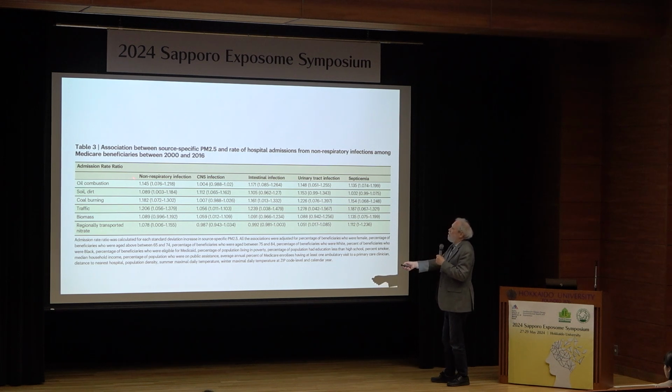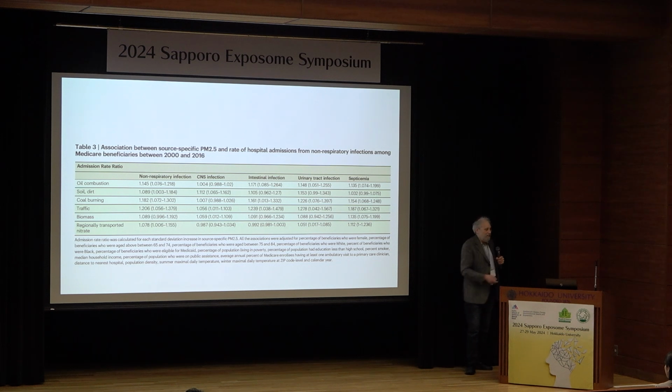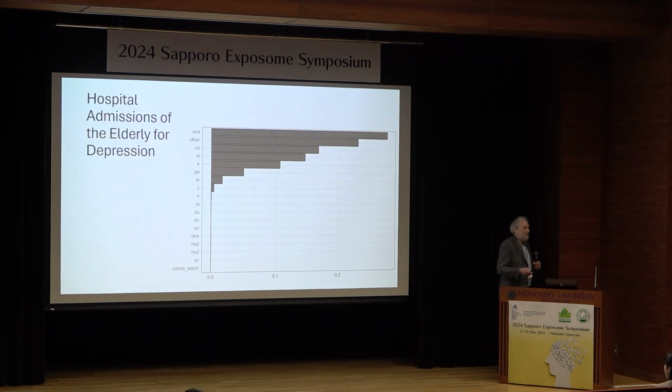And oil combustion, and vanadium comes in there, is looking important. Coal burning, that's the sulfate, is looking important. So is traffic. And that's what we find when we do it that way. So it looks like traffic, coal, oil combustion.